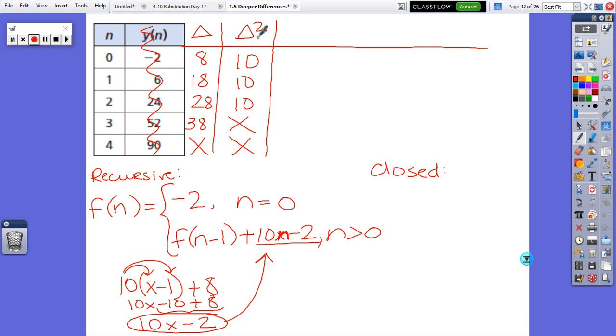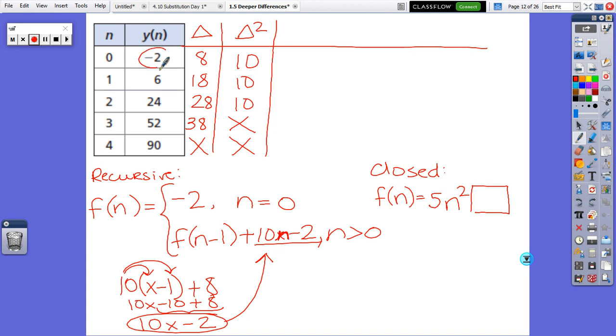Okay, again, because our constant term is in the second column, in the delta 2 column, that means that it's going to be a quadratic, so we need to have something n squared. And the way that we get this something is we take our delta 2 constant and divide it by 2, so this should be 5n squared plus something in here, and then we can unignore this one again.